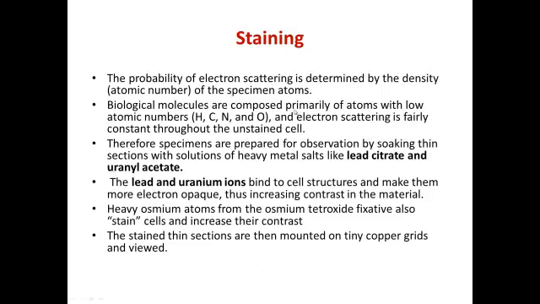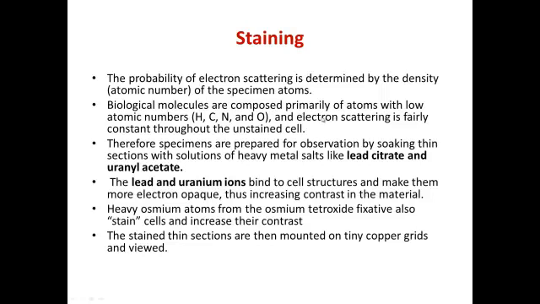What does this mean? That means if electron scattering is the same across the whole cell surface, we will get an image that has the same intensity of gray and will not be very helpful to the eye.